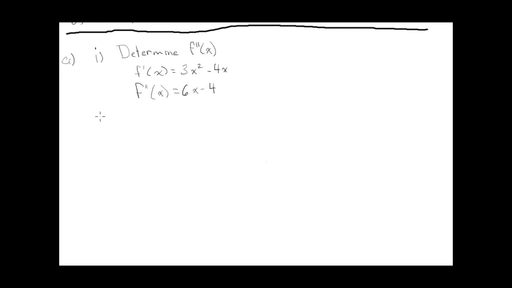Okay, so the second part is to figure out the zeros of your second derivative. So let f double prime of x equal 0. So 6x minus 4 equals 0.